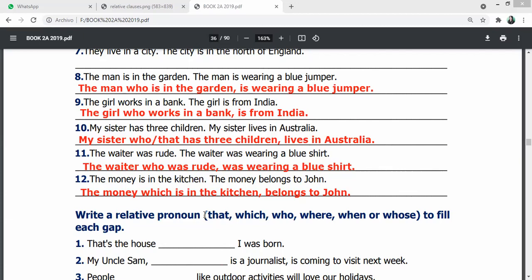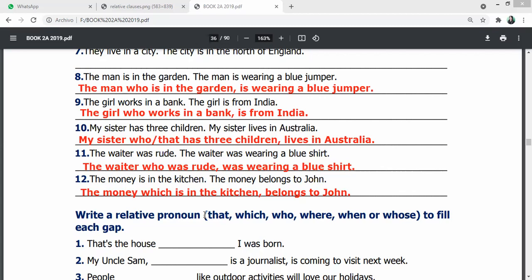Can you repeat, please? Okay, so do you think that those sentences are defining or non-defining relative clauses? Are they? Sorry. Defining or non-defining? Defining. Yes. Okay.